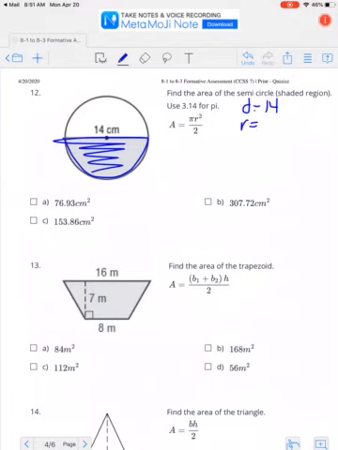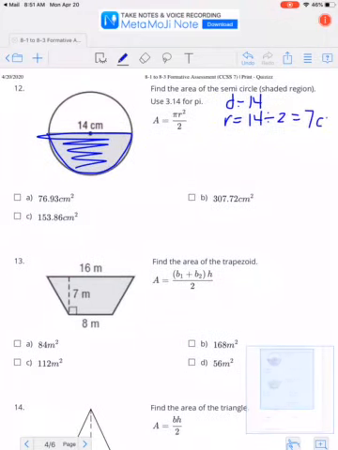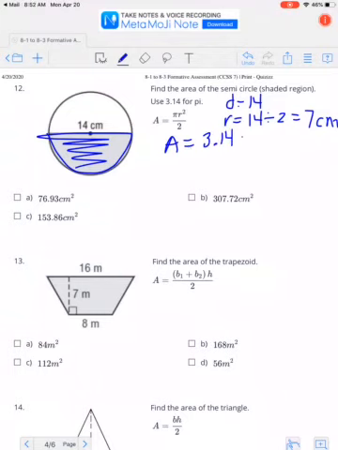So in order to get your radius, we had to do 14 divided by 2, which gave us 7 centimeters. So our radius is 7 centimeters.